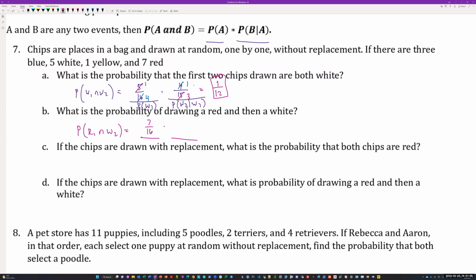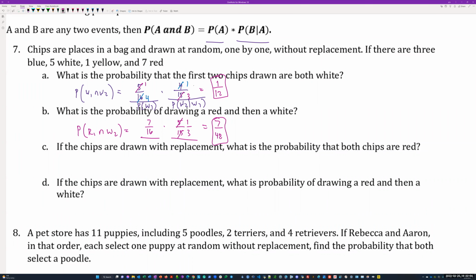Then what? 5 out of 15 is correct. Now, if we do this with the canceling, 5 cancels with this thing right here, you get 1, 3. Does that make sense? Because 5 goes into both of them, right? Divide top by 5, divide bottom by 5. All right, so then you get 7 over 16 times 3, which is 48. Does that make sense?